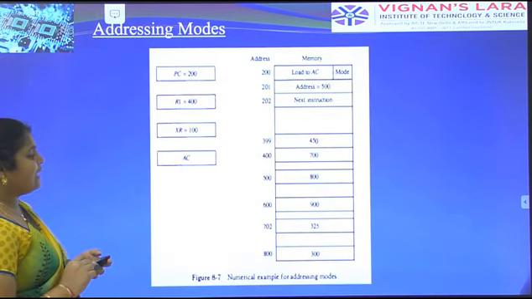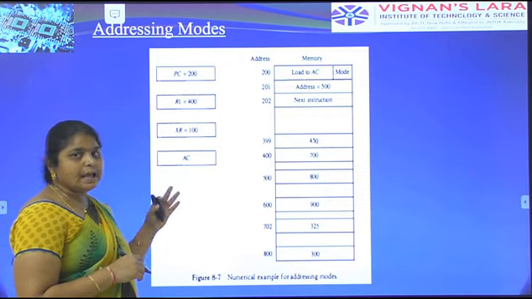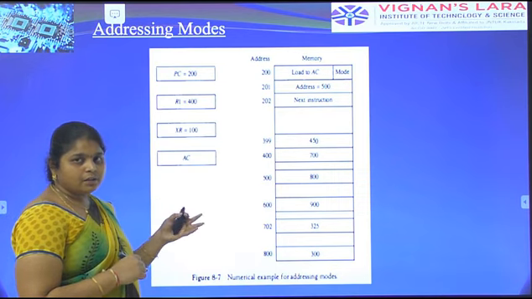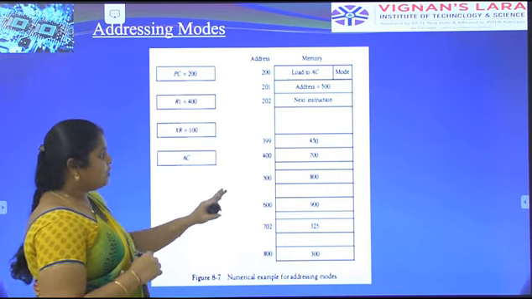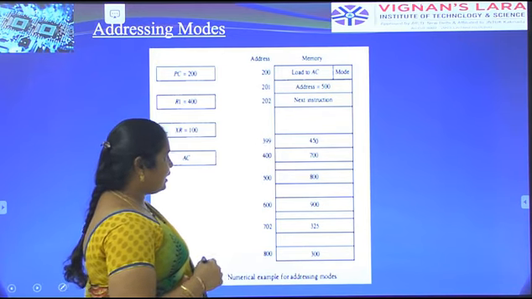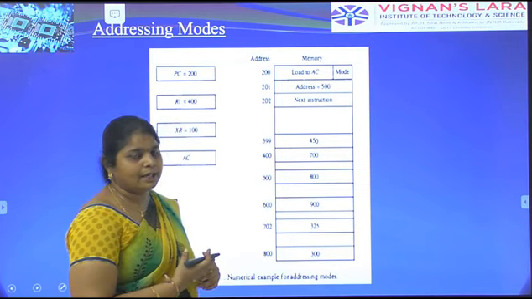With the help of this diagram, we have to implement the table of the addressing modes. These are the addresses; this means 399, and 399 has the content 450. Likewise, we have to implement that table.